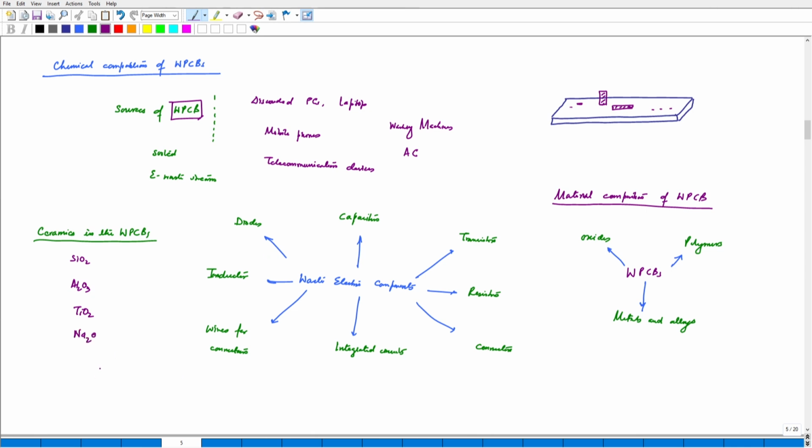We have a major contribution of silica. This means that the oxides, which are generalized under the head of ceramics, have a major contribution in the overall PCB construction.